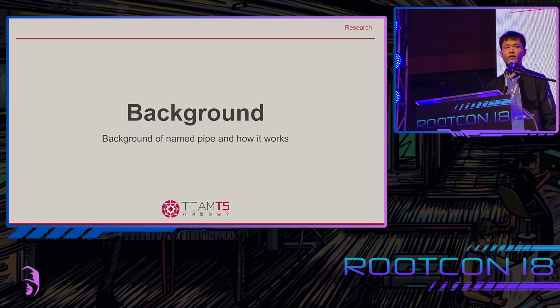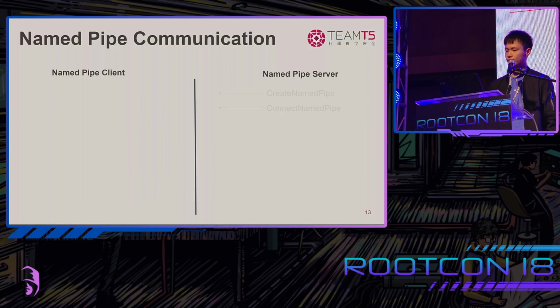Before diving into the vulnerabilities, let's first cover some background information. The mechanism of named pipes is quite straightforward. Typically, there are 2 roles, the named pipe client and the named pipe server. These are usually separate processes, which makes inter-process communication work. The named pipe server process uses the Windows API CreateNamedPipe to create a named pipe, and we can specify the name of the pipe in the parameters.